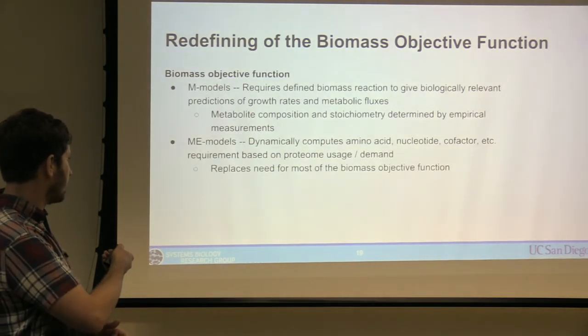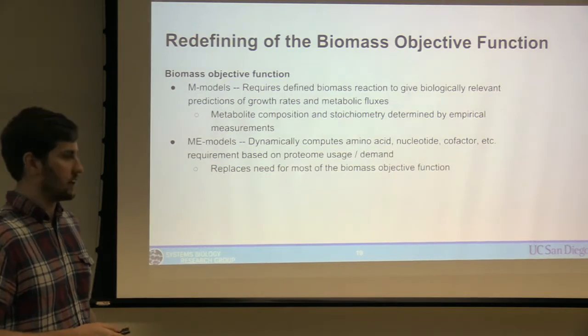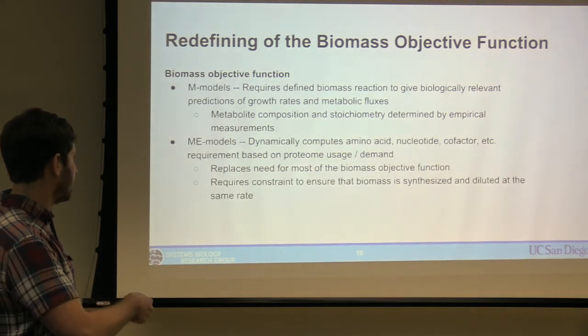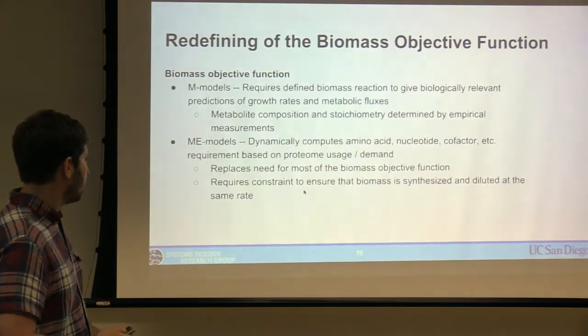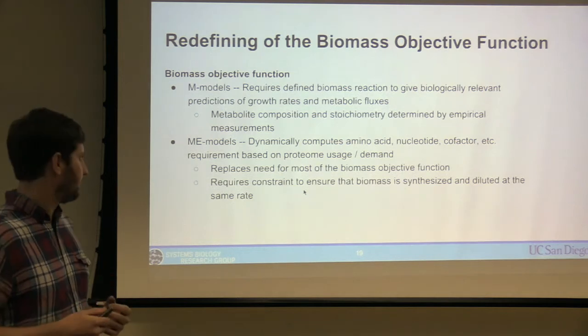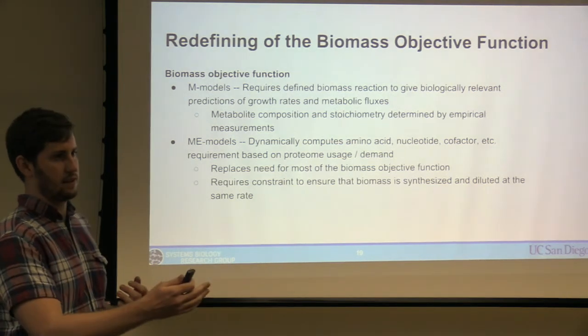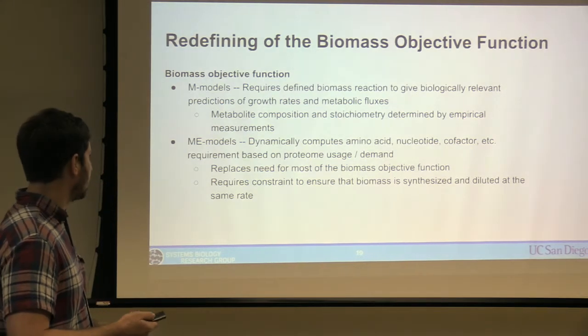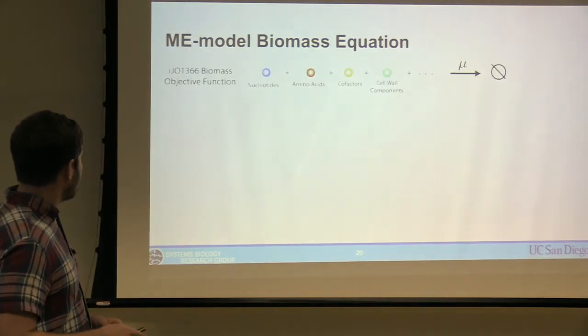So obviously this is going to replace the need for most of the biomass objective function. But this still needs to be considered to some extent to make sure that biomass is synthesized at the rate that it grows, so that everything is mass balanced in the end. And so this is generally how we do that.